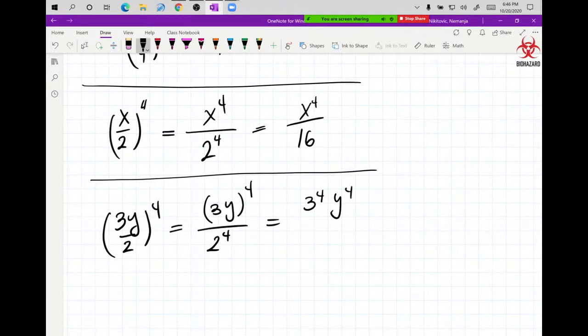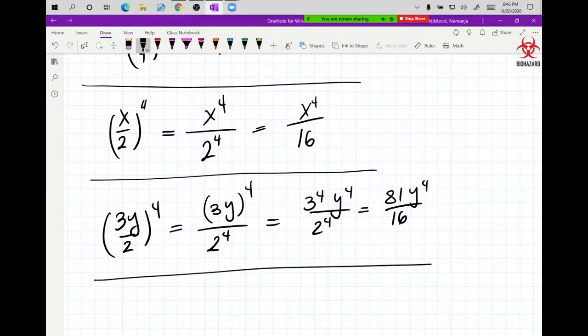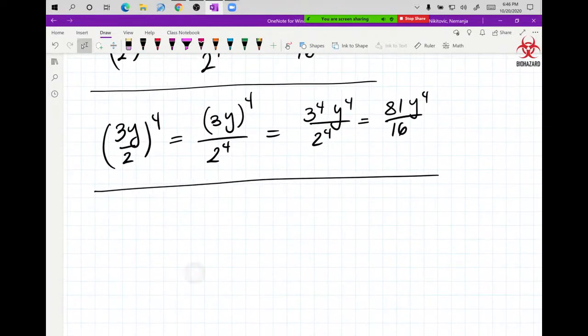So now we have this, and that's exactly 81 y to the 4 over 16. Awesome. A squared b squared over 3, everything raised to the 5th power.